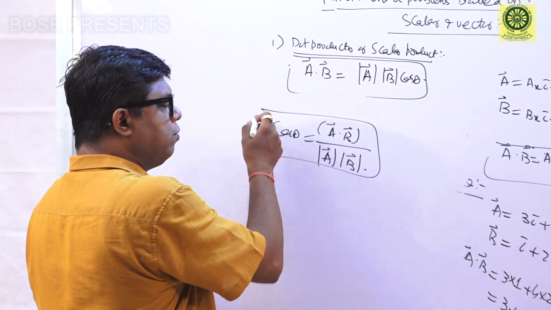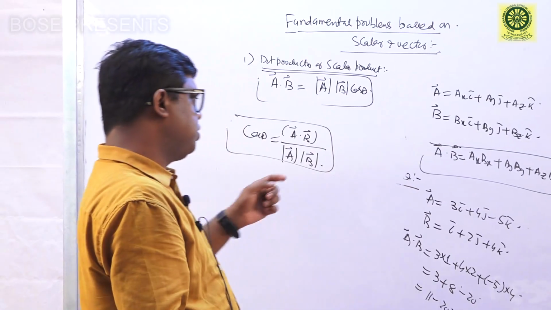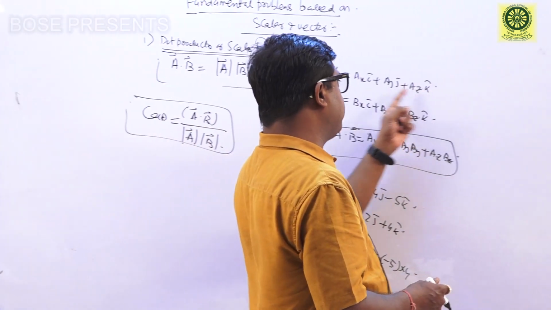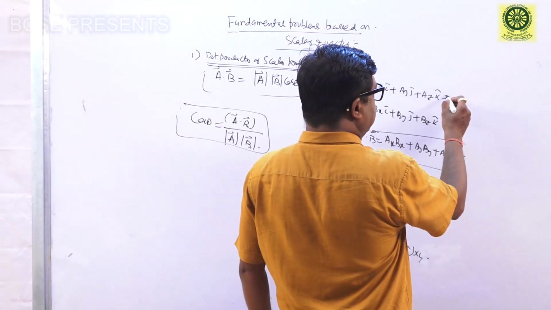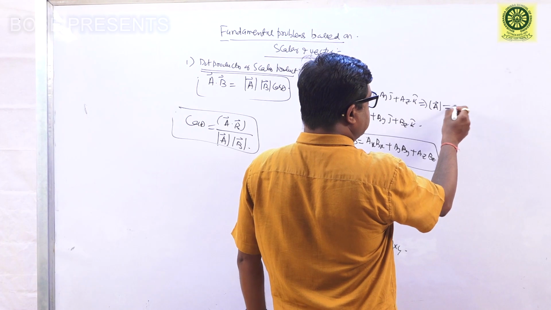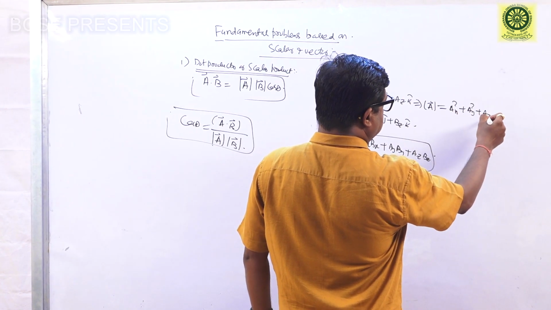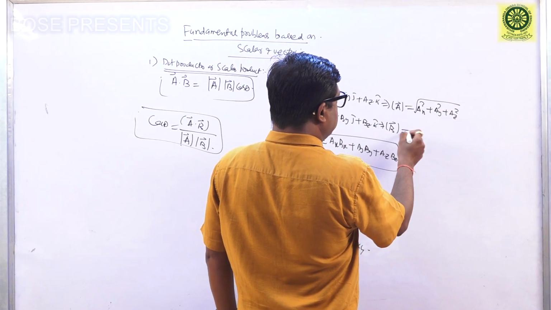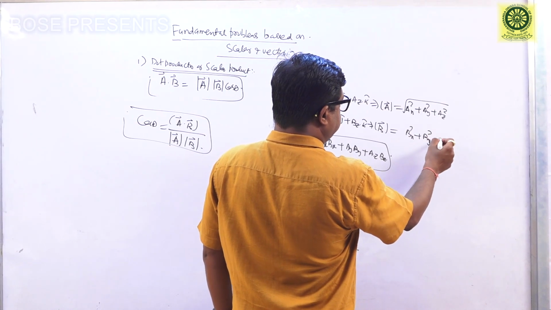For example, suppose vector A is equal to Ax i cap plus Ay j cap plus Az k cap, and the magnitude of A is equal to the square root of Ax square plus Ay square plus Az square, and the magnitude of B is equal to the square root of Bx square plus By square plus Bz square.